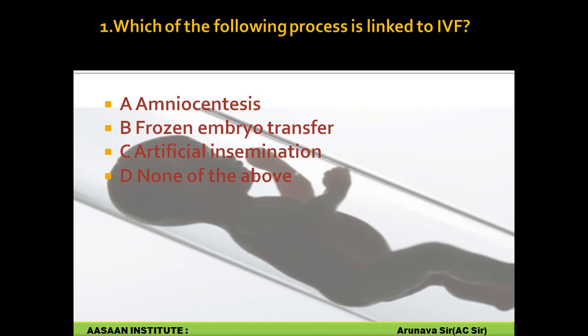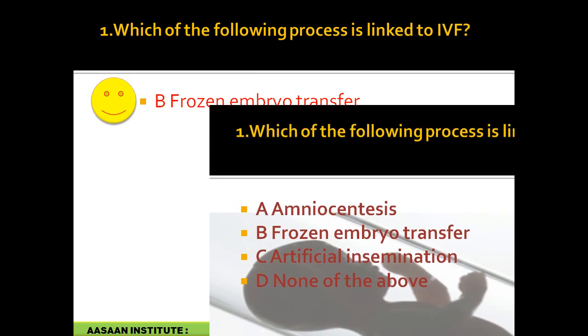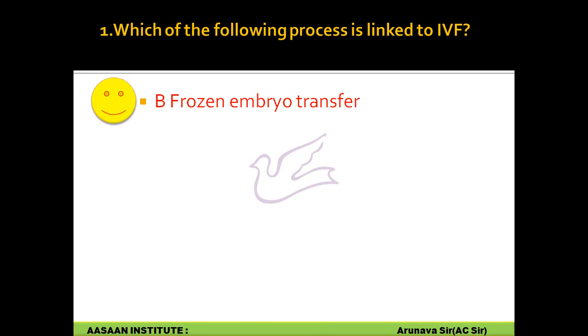So the B option, frozen embryo transfer, is the right option for the first question, because we fertilize the egg and sperm outside the body in the lab, then the embryo is formed, then it is transferred to the female body, right? So B is the right option.